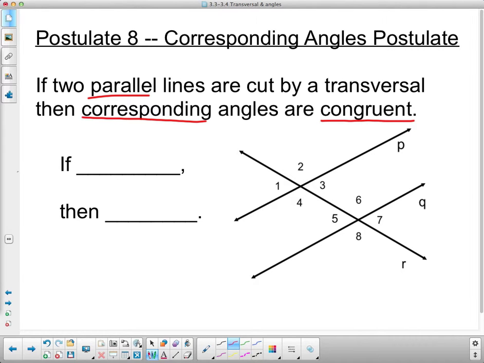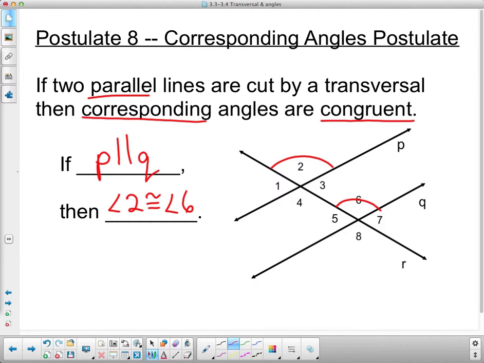So from the diagram, if P is parallel to Q, pick out a pair of corresponding angles in the picture for me. I'll start you at 2 and 6. So this theorem says angle 2 would be congruent to angle 6. So if you know that this is 110, this one's also 110. What we'll do in this last section is come up with angle measures.